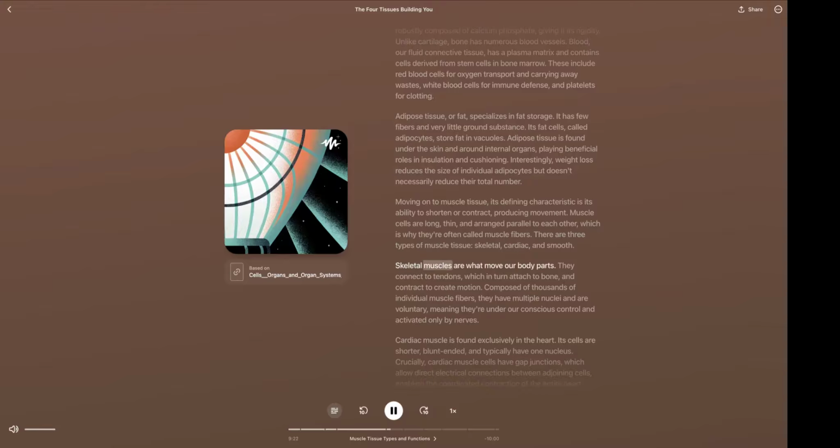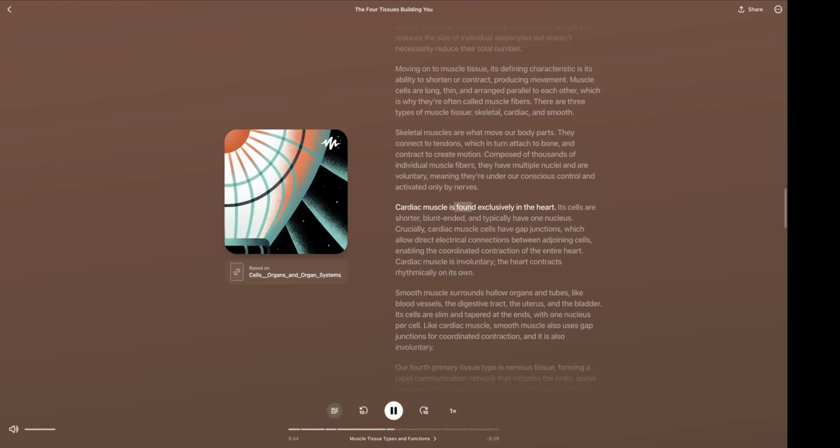Skeletal muscles are what move our body parts. They connect to tendons, which in turn attach to bone and contract to create motion. Composed of thousands of individual muscle fibers, they have multiple nuclei and are voluntary, meaning they're under our conscious control and activated only by nerves.